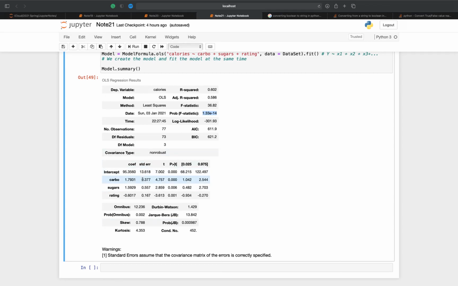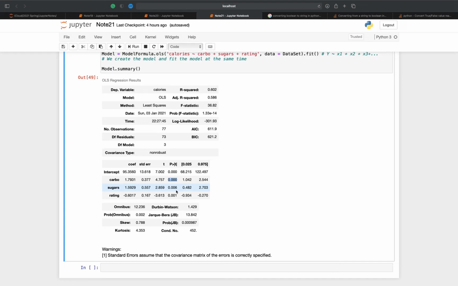P-value. Let's talk about each of these single p-values. This one, for example, we talked about after I talked about t. When we talk about the p-value, the p-value is a probability, right? And this probability says how well we can say the null hypothesis is being rejected or not being rejected.